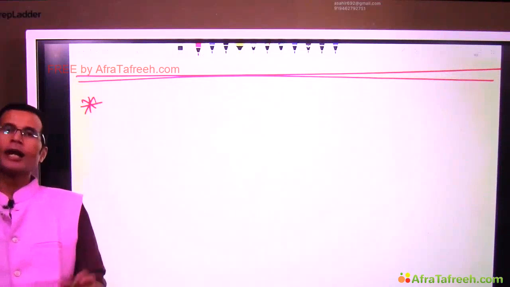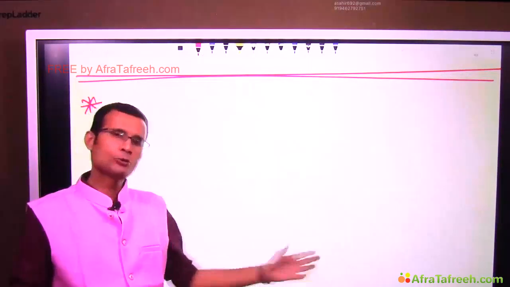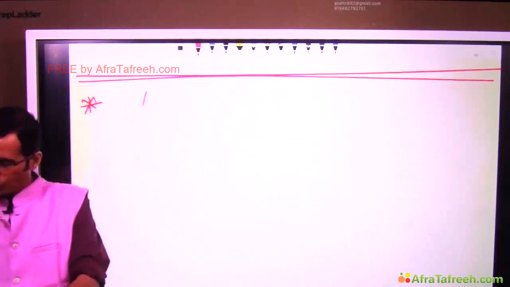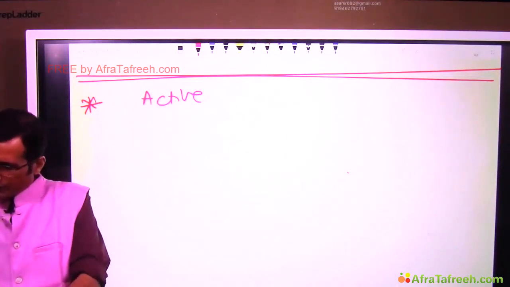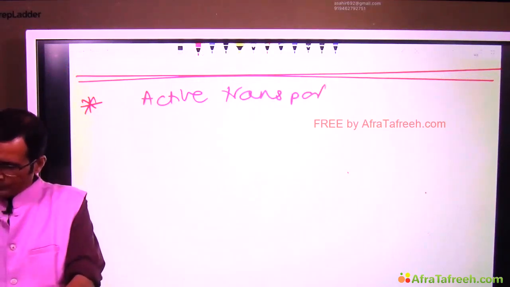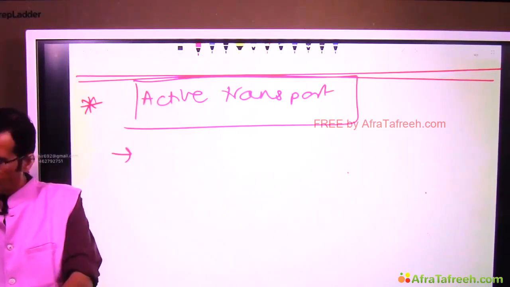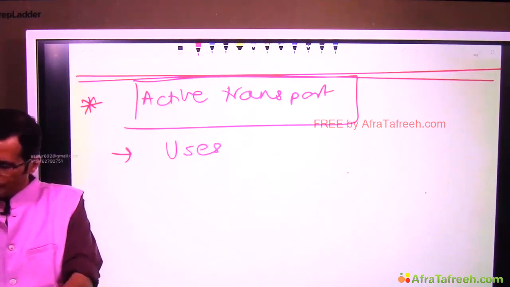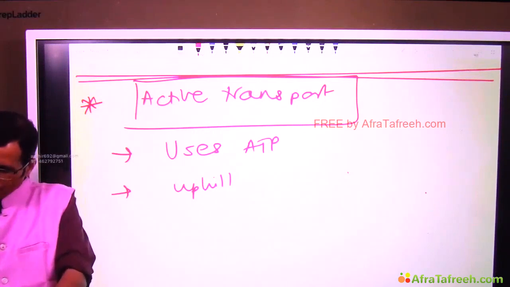Finally, we will talk about the active transport, and then we will end with sodium potassium pump. So let's see, active transport uses ATP and it is an uphill transport. It's an uphill transport.